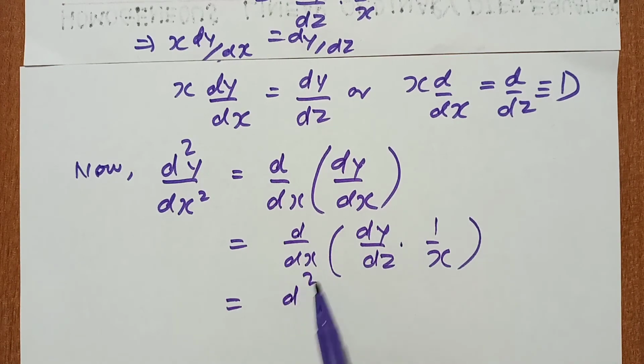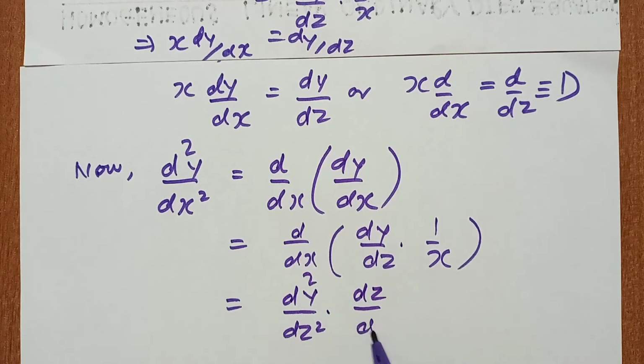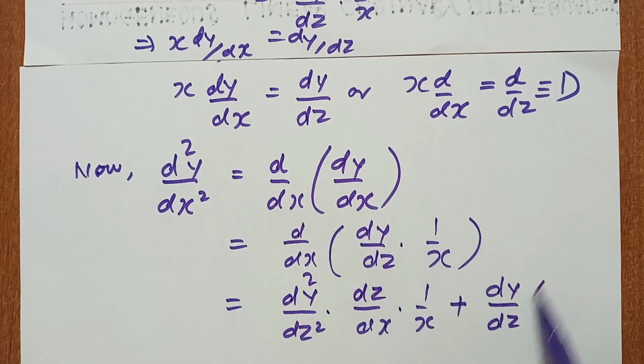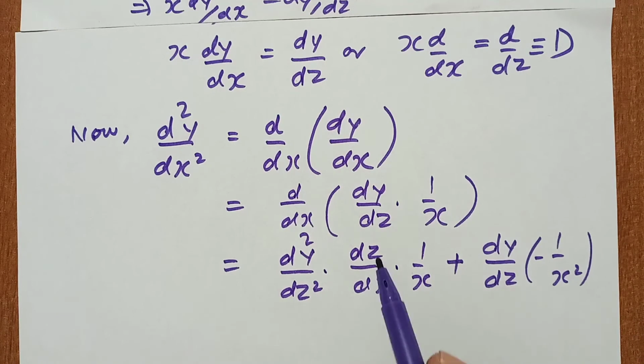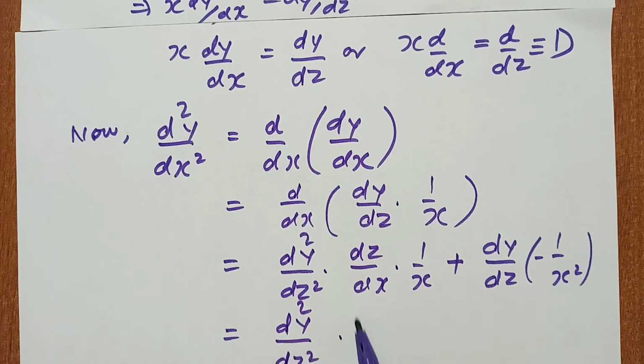So d^2y/dz^2 into dz/dx, 1/x as it is, plus dy/dz as it is, and the differentiation of 1/x is minus 1/x^2. Now dz/dx is equal to 1/x. So this is equal to d^2y/dz^2 into 1/x^2 minus 1/x^2 dy/dz.